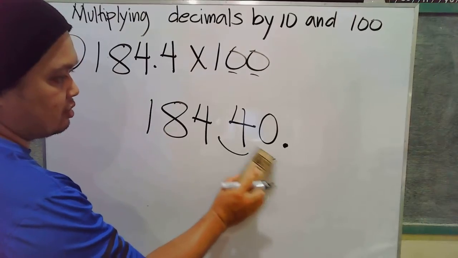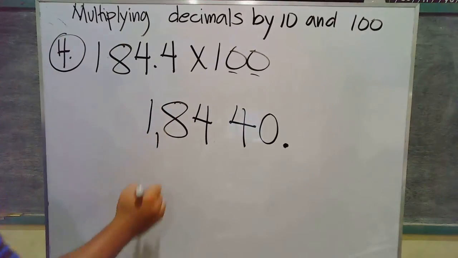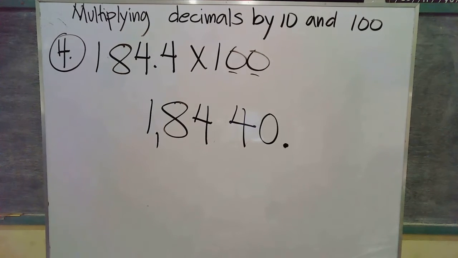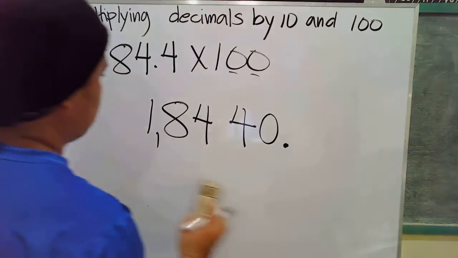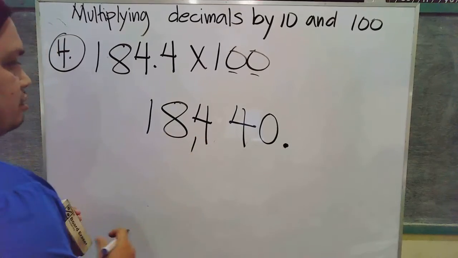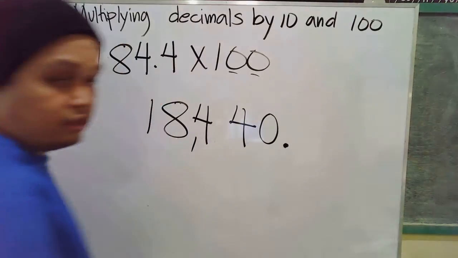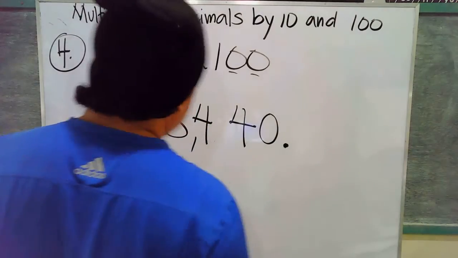So our answer will be 1,844, or it's 18,000. Okay, it's 18,440. Okay, for our answer. Okay, let's have the next example then.